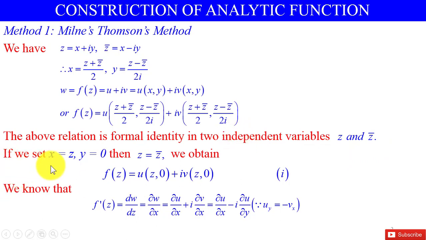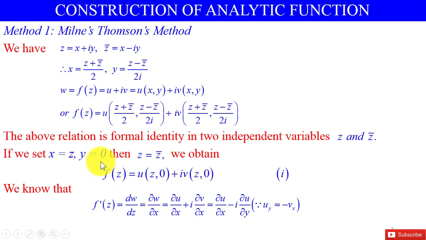If we set x is equal to z, y is equal to 0, then from here we have z is equal to z bar is equal to x, and we obtain f of z is equal to u of (z, 0) plus i v of (z, 0), because y is equal to 0.